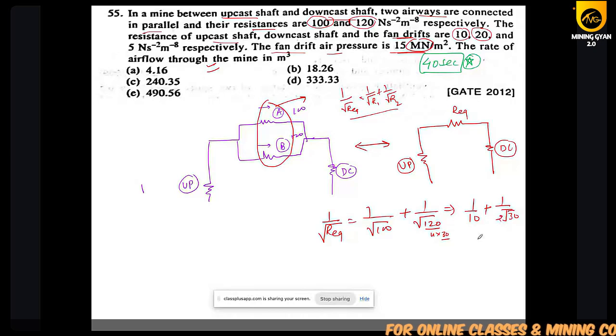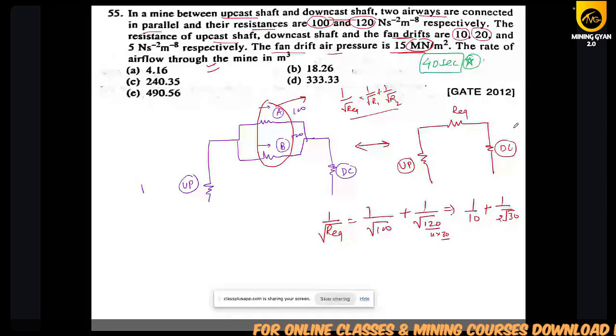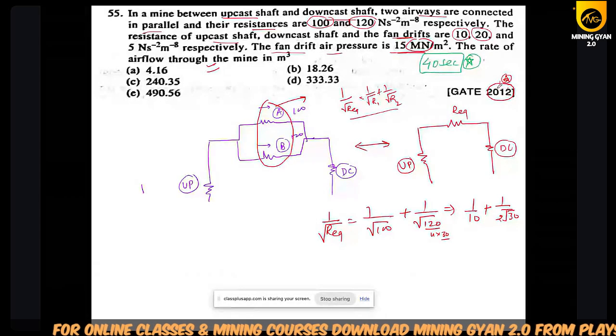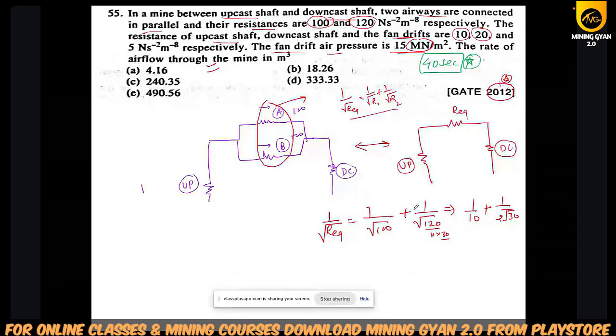Because in 2022 this GATE examination question was asked, they provide us a calculator. With the calculator this calculation will be easy, and R equivalent will be 27.33. So R equivalent for these two splits will be 27.33.